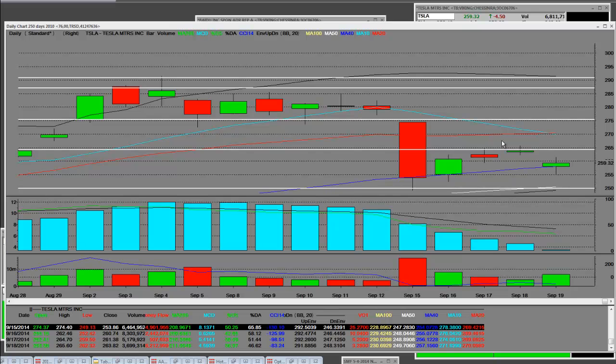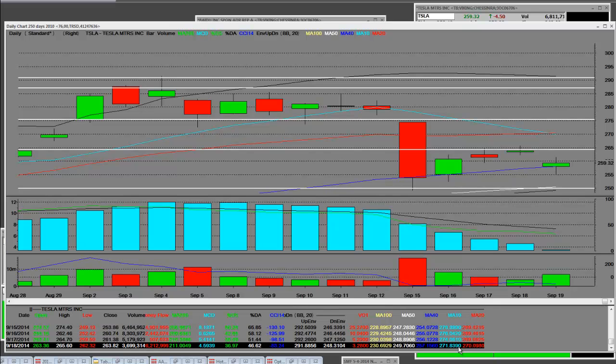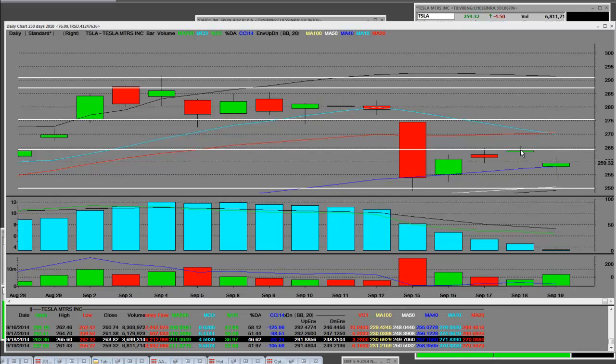The blue line, I'm going to tell you the value, was 271.83. That's the 10-day. That 20-day simple moving average was 270 now. And that's that high reversal on a daily level where Tesla started running into problems.